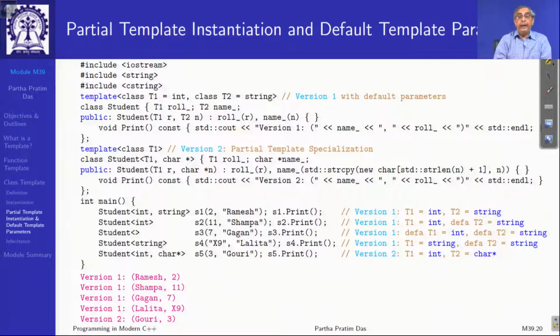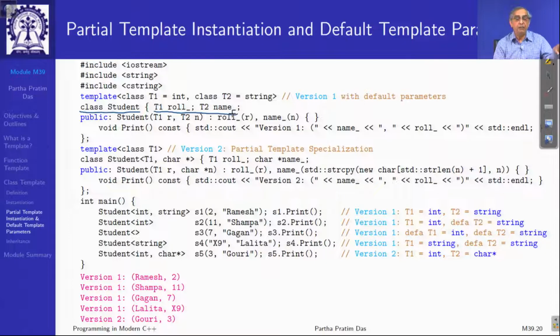Now, you can have default parameters for functions, where you can give default values. You can have default parameters for templates also, and those are known as default types. So, I am trying to define here a class student, and the student is, just for simplicity, expected to have two data members.